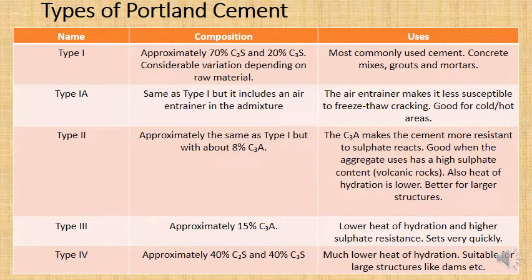Now, type 1A as another example, that's the same as type 1, but there's a little bit of air entrainer in the admixture. So an air entrainer is basically a soap. It's a small amount of soap that's added inside the concrete, and what that does is it creates millions of tiny little bubbles inside the concrete.